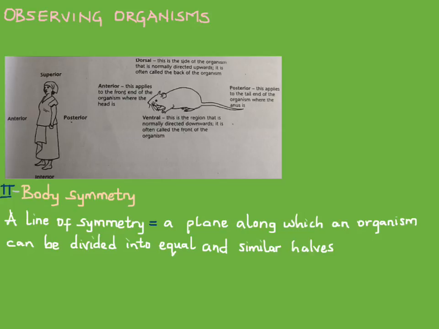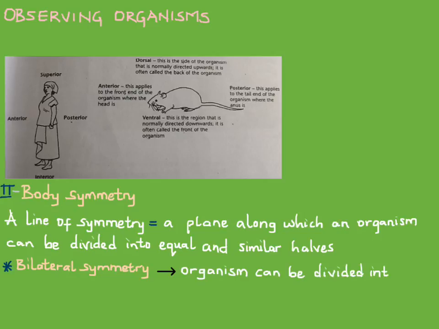Two types exist: bilateral symmetry, in which an organism can be divided into two equal and similar halves from the anterior to the posterior.